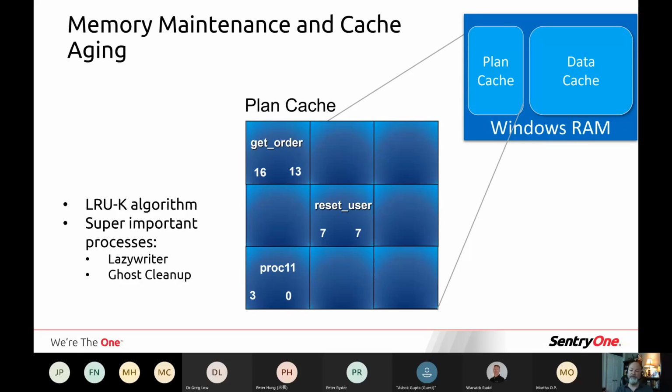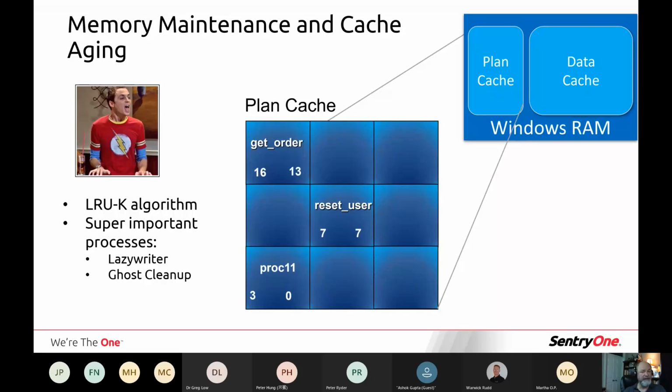At the same time all of this is going on, other users are entering new things into the cache, other things are aging out and being evicted, or maybe hanging around a little bit longer. And if the lazy writer looks around at all of the objects and it sees one of these has been used since it was last there, it restores it up to its maximum counter value that it started with.